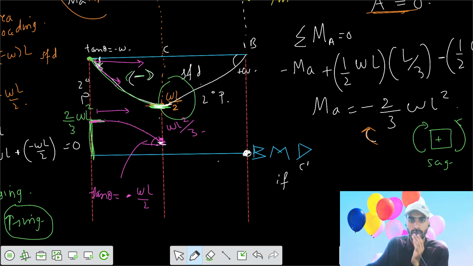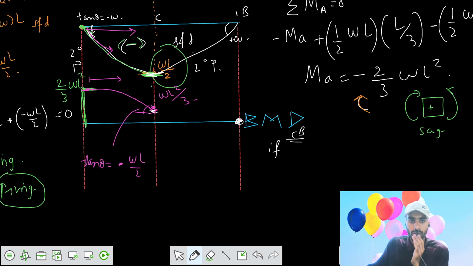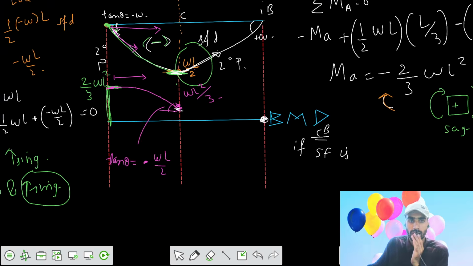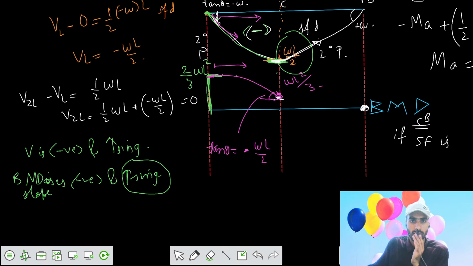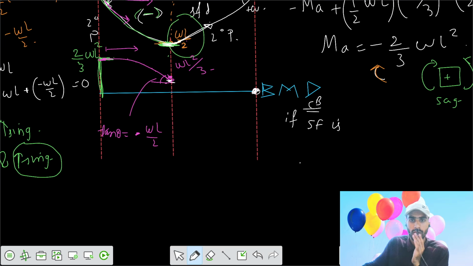In CB, the shear force slope is positive, and that means shear force is negative and decreasing in magnitude.